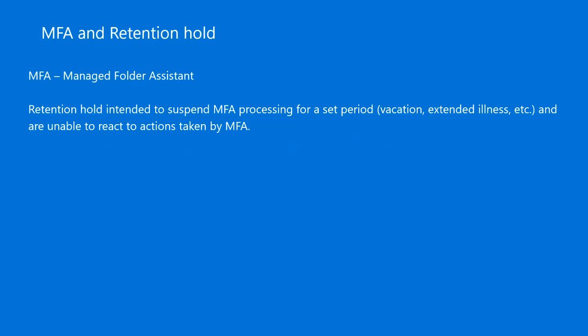Either the user is not available in office, on a vacation, or an extended OOF, and you want to keep the email items intact until the user is back in office and decides what he needs to do with the mailbox. And once the user is back in office, you can always remove the retention hold, and allow the MFA to act on the specific mailbox whenever the MFA processes the mailbox the next time.